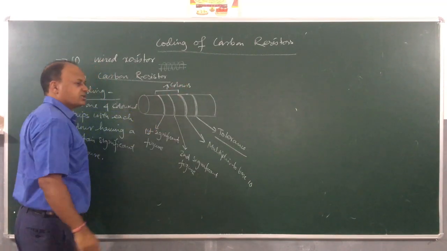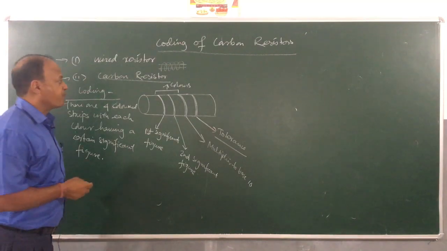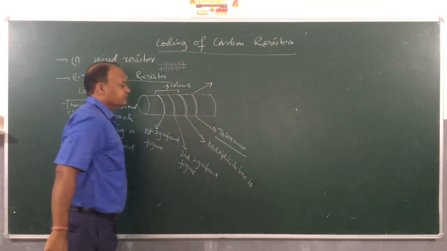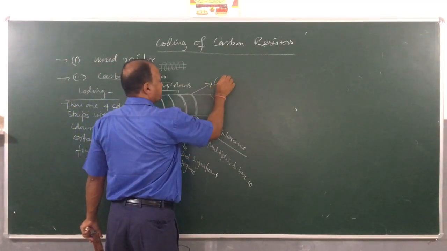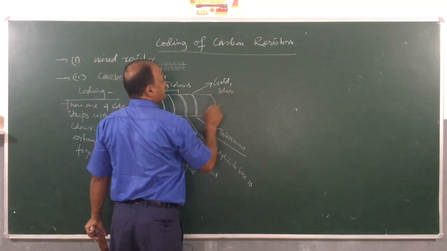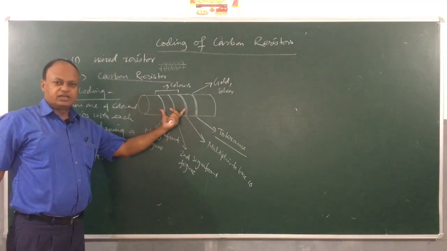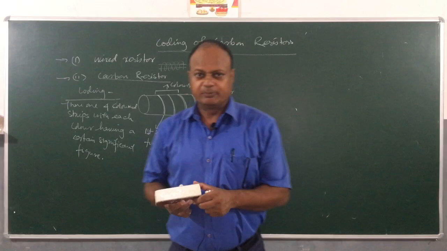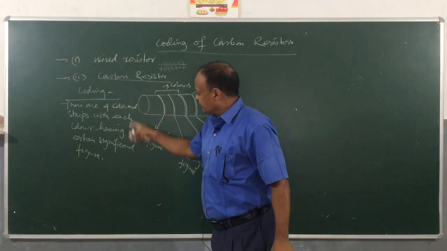Now we will understand how we can assign numerical values to these colors. The fourth one can have only two colors, either golden or silver. And the first three will have one of the colors from the spectrum. Each color will carry a different significant figure.